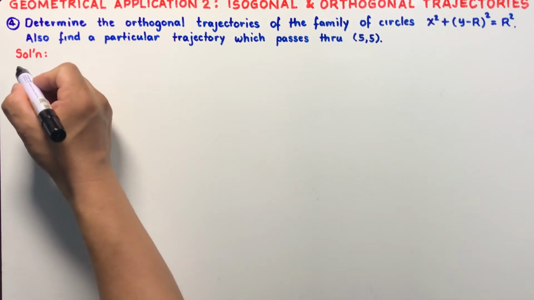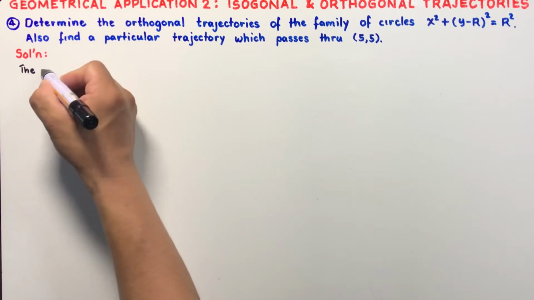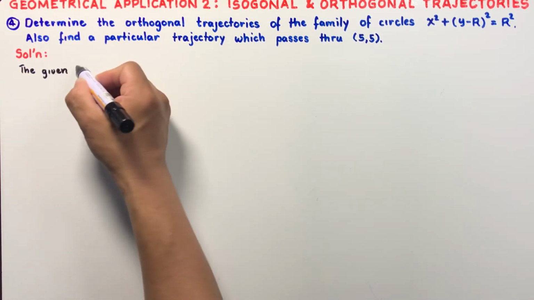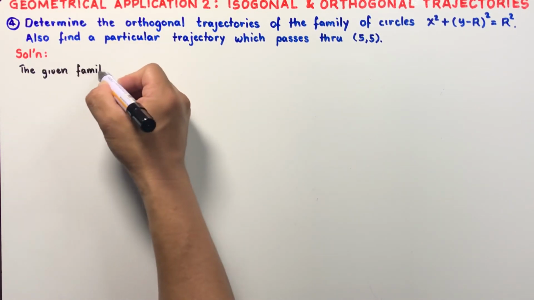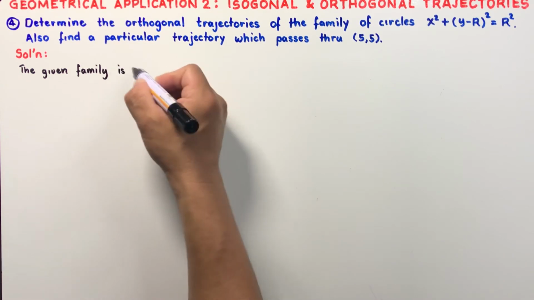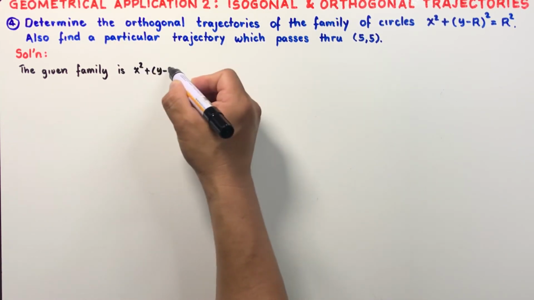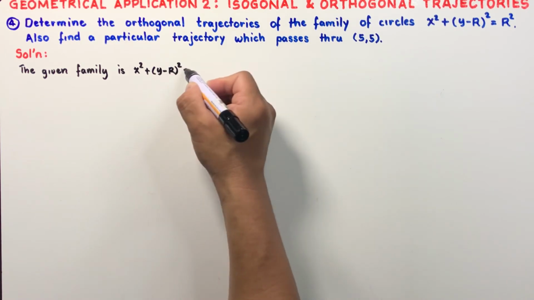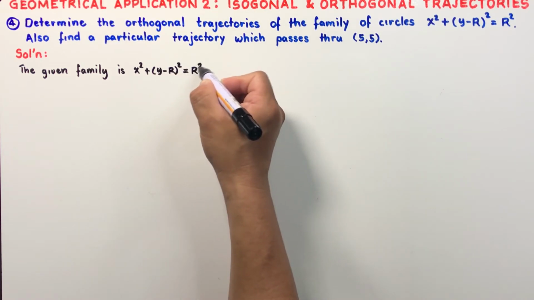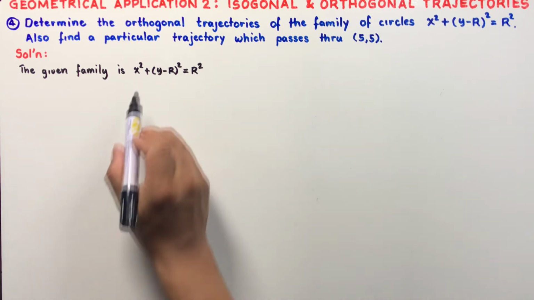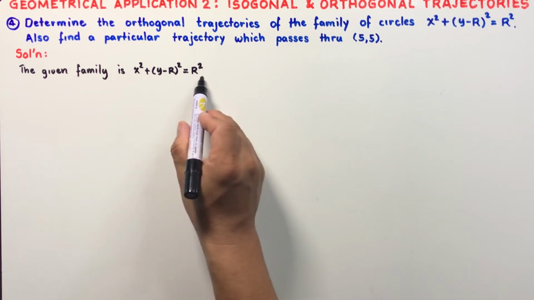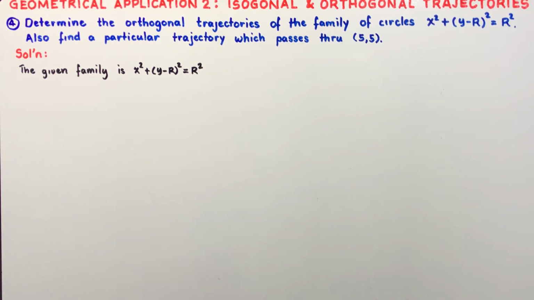Now, the given family, which is a one parameter family, is x squared plus (y minus r) quantity squared, which is equal to r squared. We can simplify this to solve for our r.